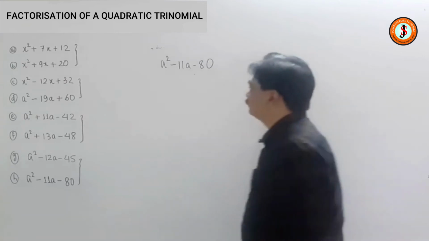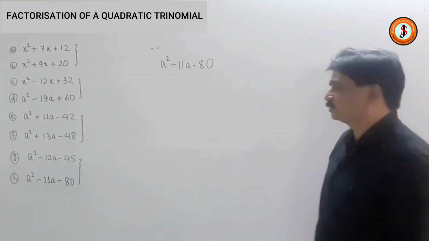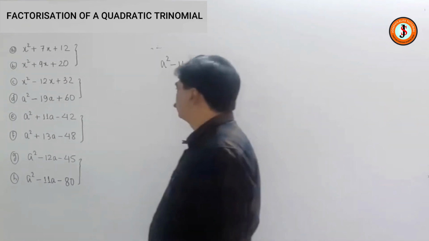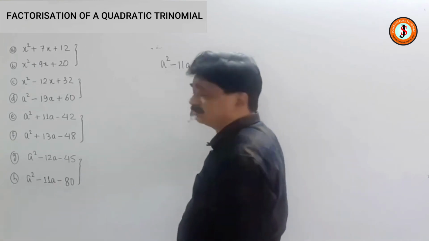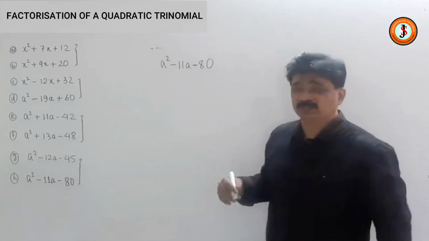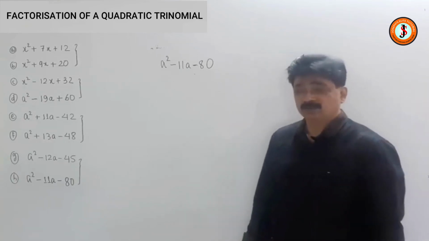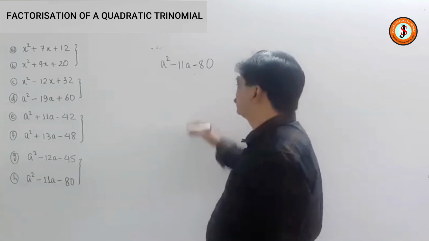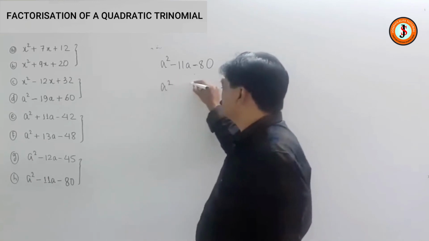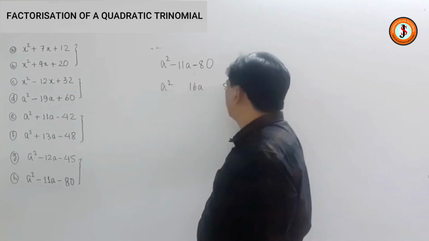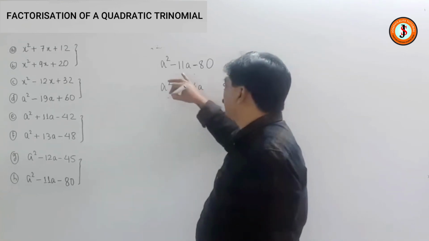a square minus 11a minus 80. So what happens? Let us see. Now this is minus over here, so it will be the difference. So 80 comes in the table of 16. So 16 times 5 is 80. So 16 minus 5 is 11. So a square, 16a, 5a, 80. Now whose sign will be minus?